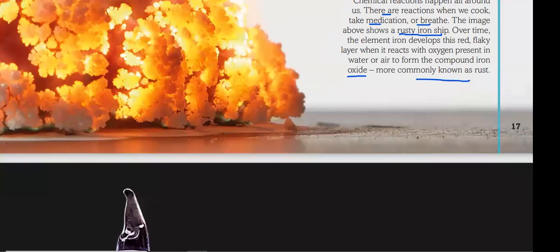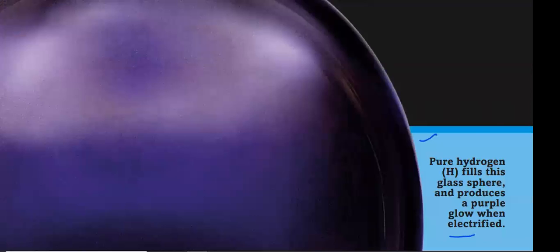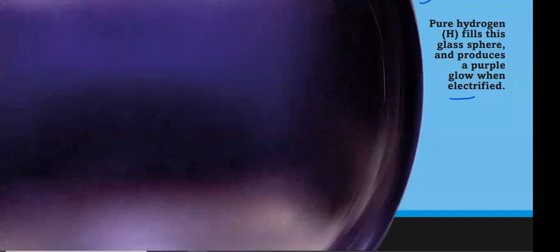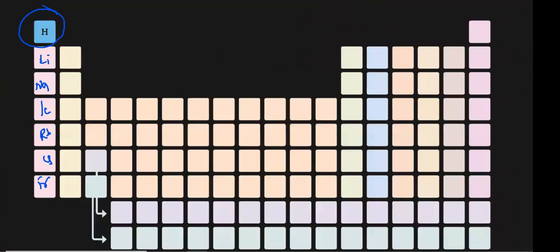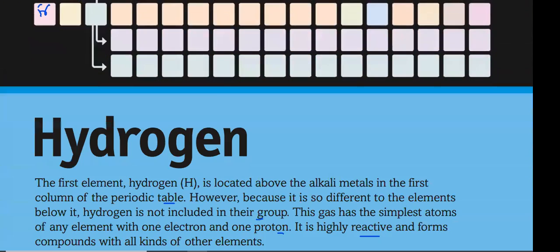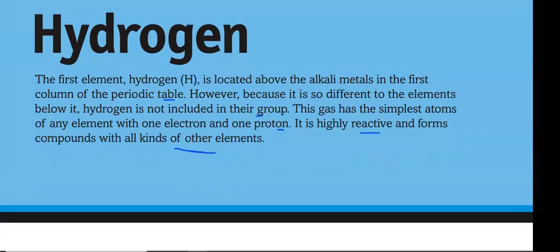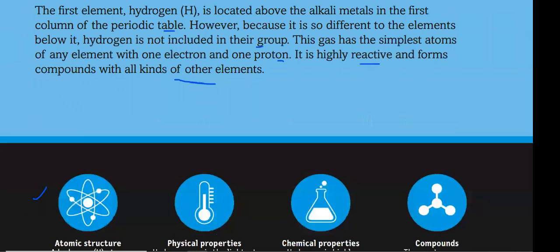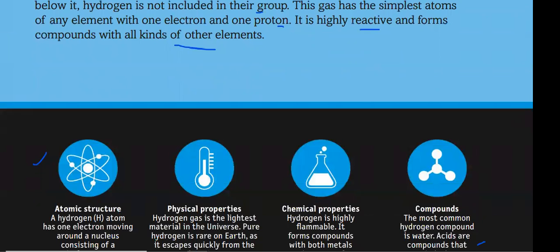And after that, in this session, we discussed hydrogen-related information, that is how a hydrogen-filled glass tube turns different colors, like purple. We also observed the exact location of hydrogen in the periodic table, and why it is not placed along with the alkali metals: as it is a gas, it has a separate chemistry because of its unique properties as a gas and its reaction with all elements in the periodic table.